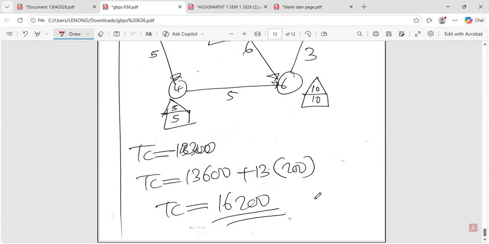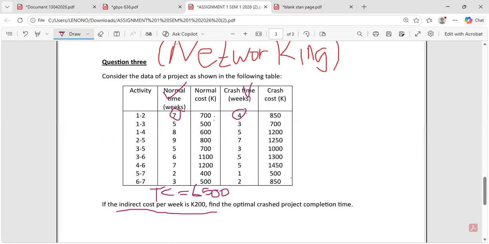So 16,200 is the cost of this crashed project. Because the question was asking us, find the indirect cost is 200 per week, find the optimal crashed project completion time.